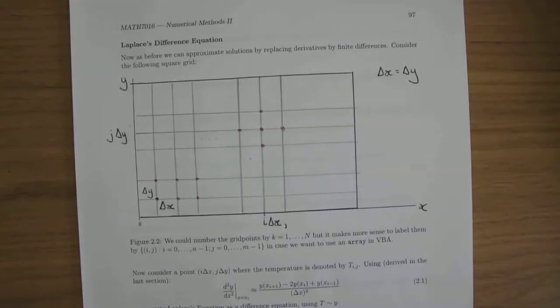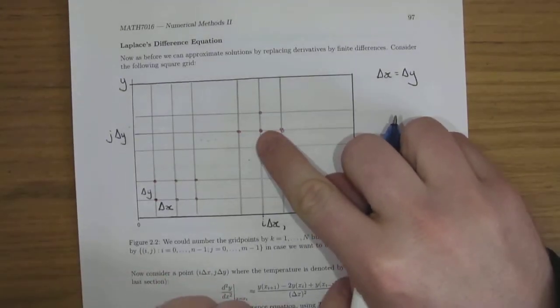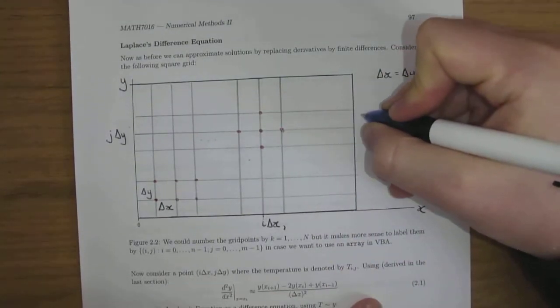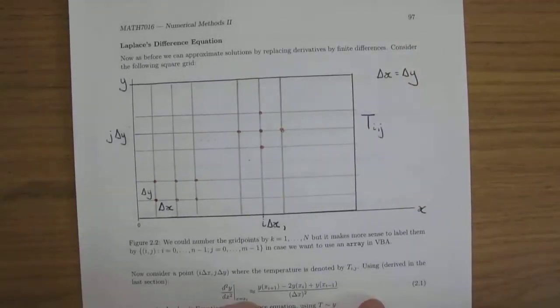Okay, so this particular point, we're going to refer to the temperature at this point as T i j.